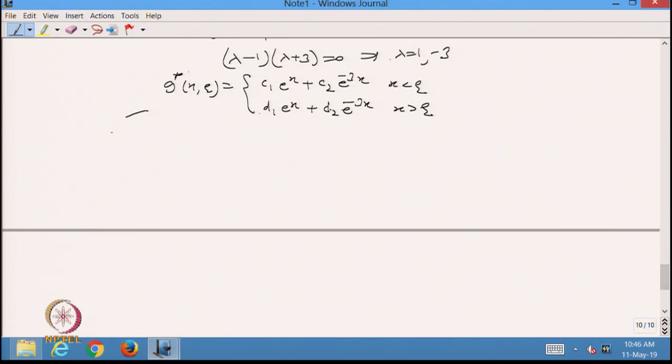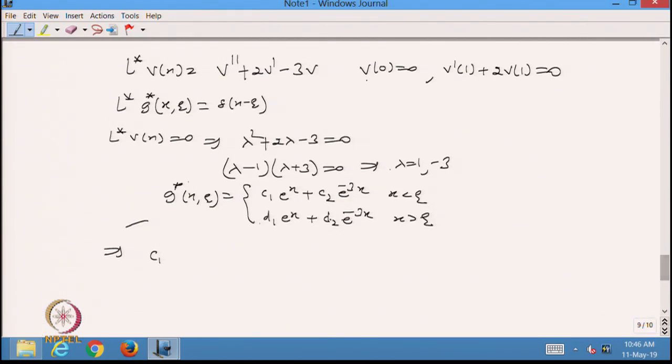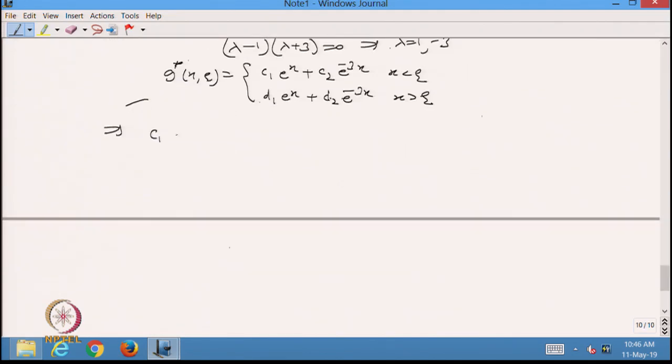Because of the boundary condition V 0 is 0, C1 e to the 0 plus C2 e to the 0 is equal to 0. So, again this gives me C2 is equal to minus C1.